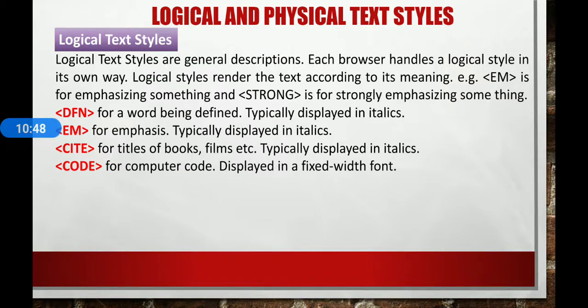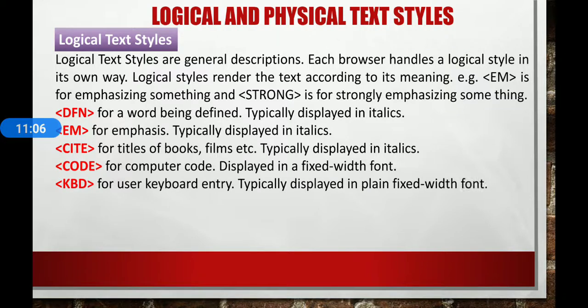Code is for computer code. If you want to display some computer code, like programming in C++ or Java, you can use the code tag, and it will display in the default fixed width font. Next one, KBD. It's a keyboard entry, and it is also displayed in plain fixed width font.